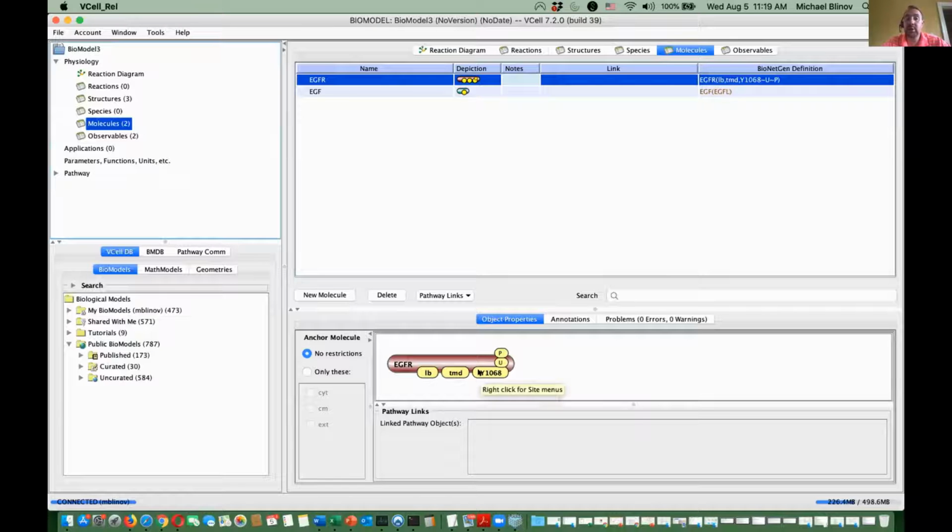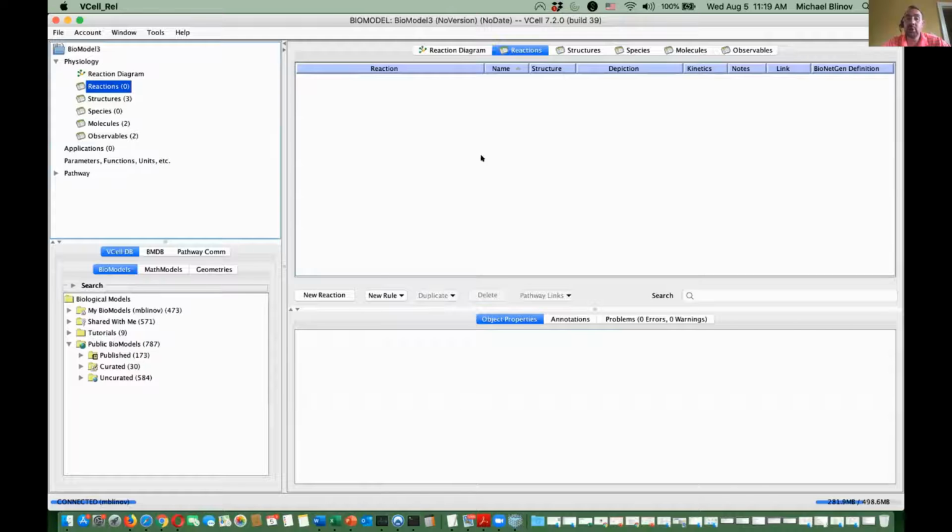And now let's see how they interact. So we go to reactions and we say new rule. And now we would like to define that ligand binds to receptor. Where it happens, the same way as in a reaction network, you define that this interaction will happen on a membrane, because the ligand should diffuse to the membrane and the receptor will stay on it.